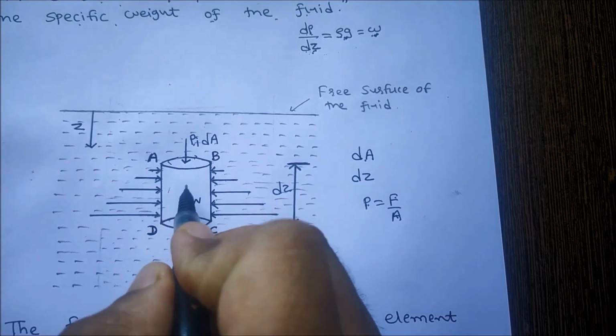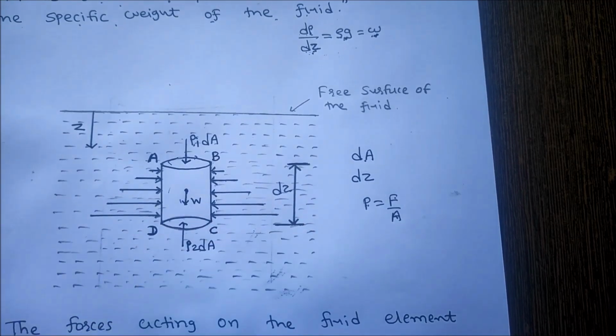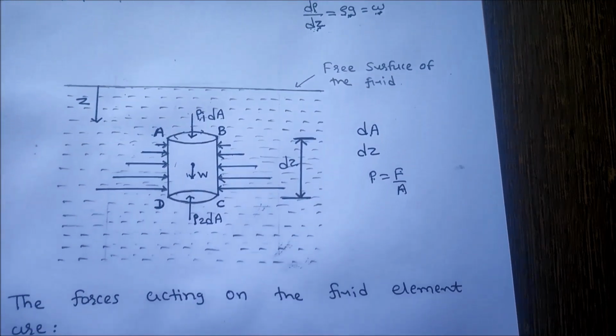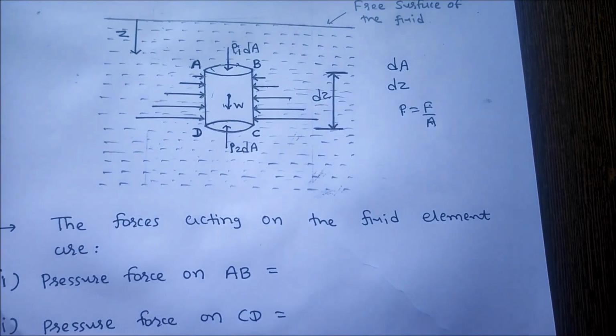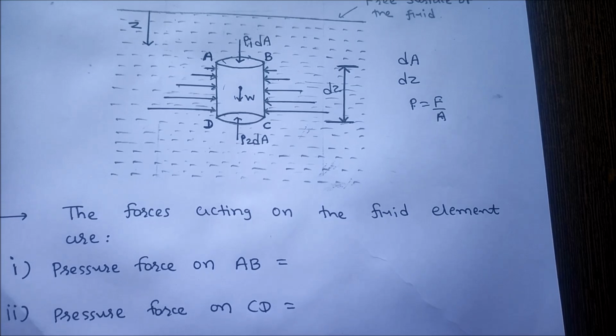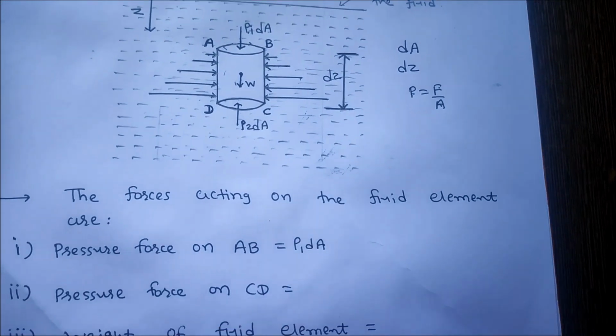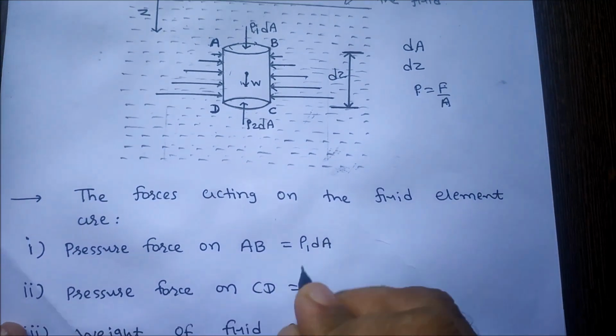And the weight of the fluid element acts in the downward direction, that is W. So the forces acting on the fluid element are pressure force on AB, P1 into dA, and pressure force on CD, P2 into dA.